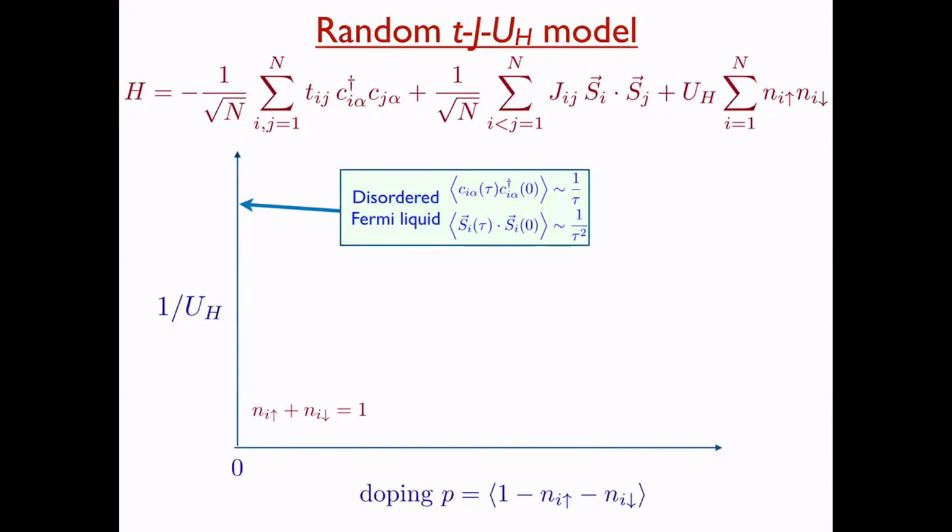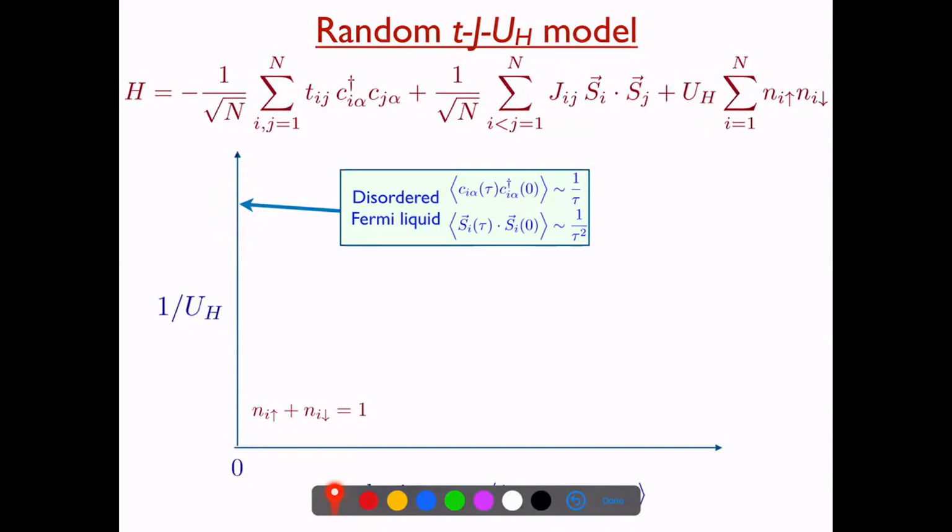At half filling, if your U is very small, meaning you're up here, then you can pretty much ignore the repulsion between the electrons. The electrons are moving a lot, and it turns out the J_ij doesn't do very much. So you basically get a Fermi liquid. You can solve for this region, and you just get a Fermi liquid with approximately a semicircular density of states.